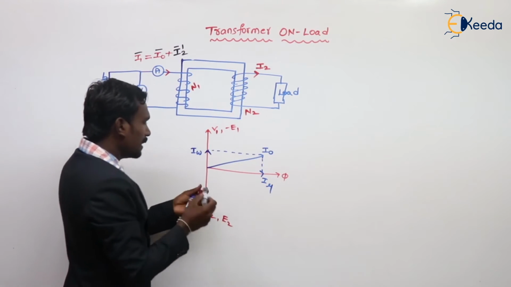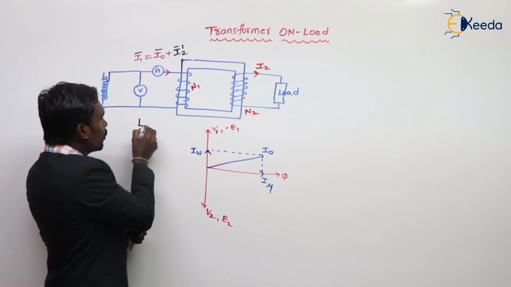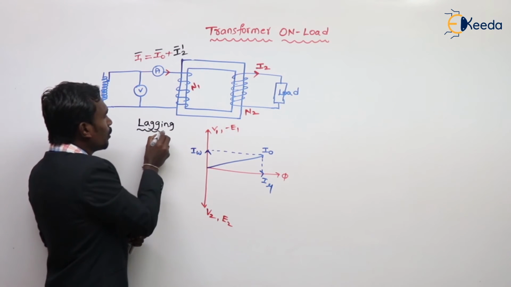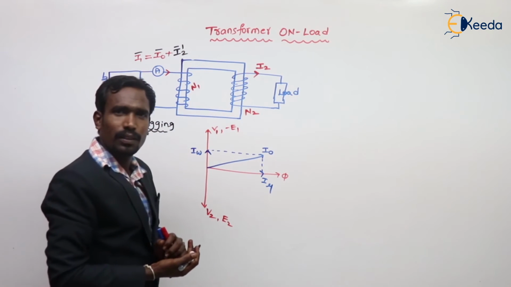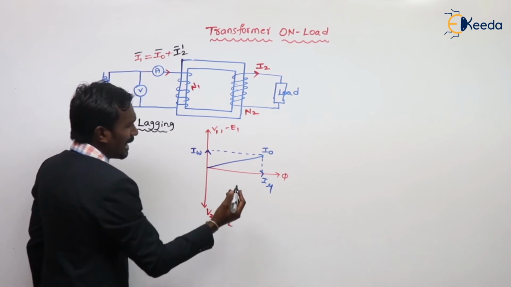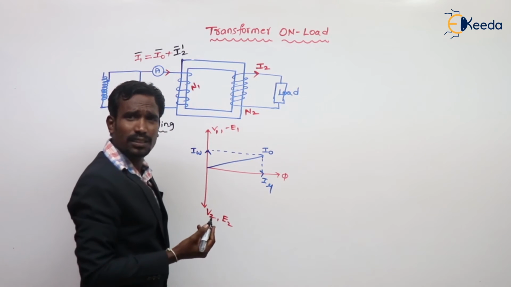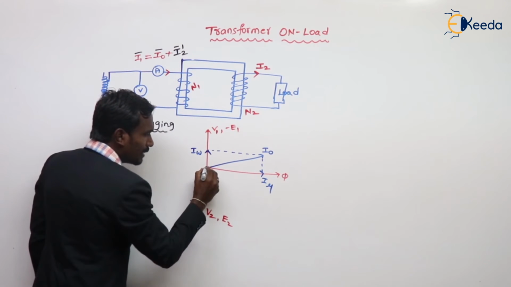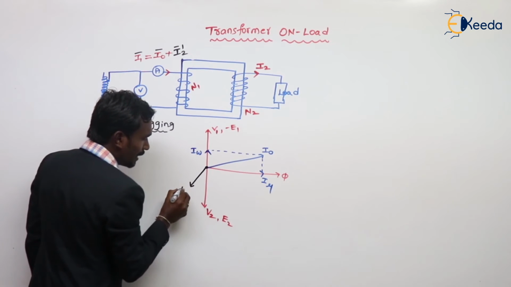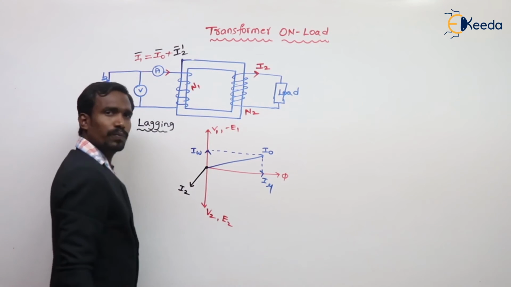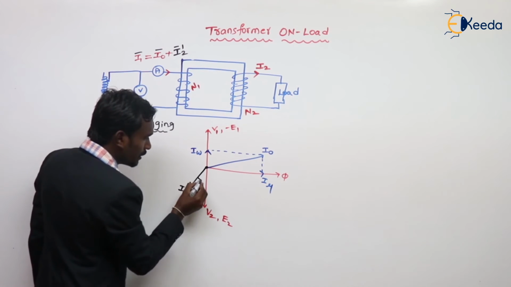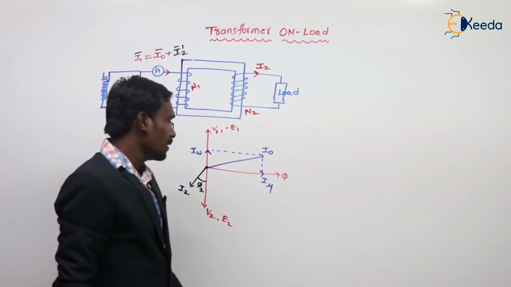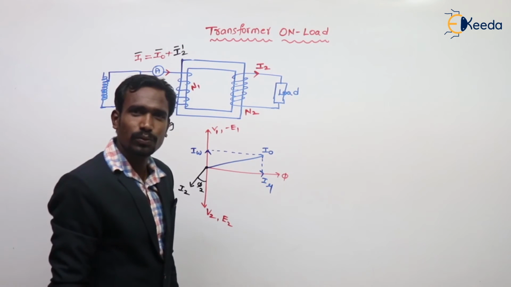If it is simply a lagging load, for example, the load is at lagging condition, the current should be lagging. So here is V2, and the current is lagging. This is my current I2. The angle between these two is the power factor angle phi 2.